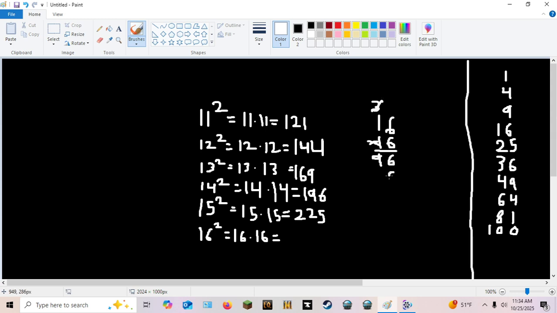Cancel the 3. 1 times 6 is 6. And then 1 times 1 is 1. Add. 6 plus 0 is 6. 9 plus 6 is 15. And then 1 plus 1 is 2. So this actually equals 256.